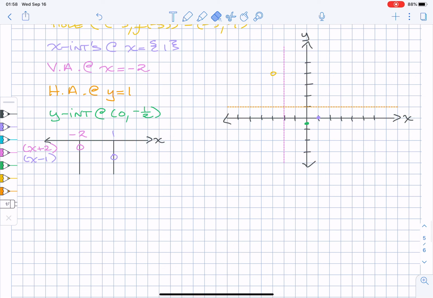Okay. So I know I'm negative to the left of 0, positive to the right. So 2 negatives makes a positive, so that's above. So to the left of -2, I'm above the x-axis.